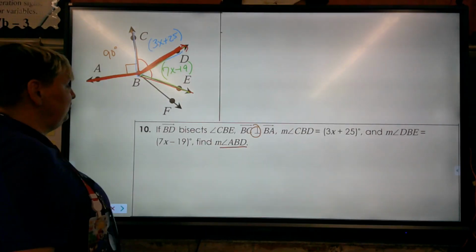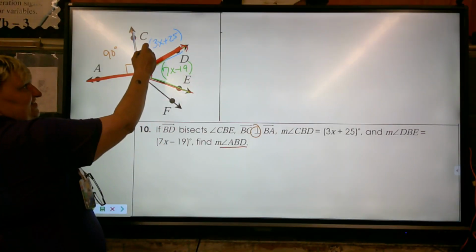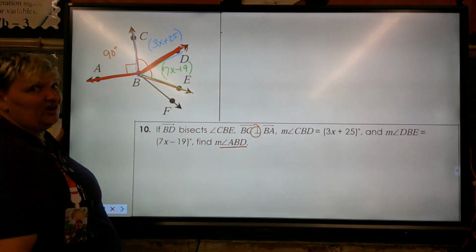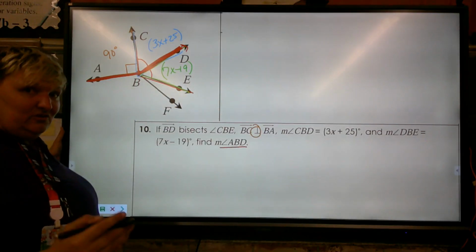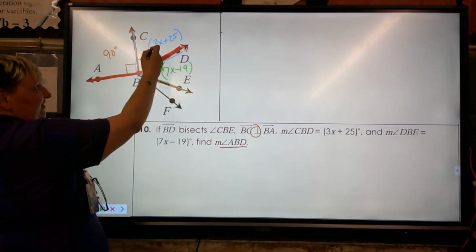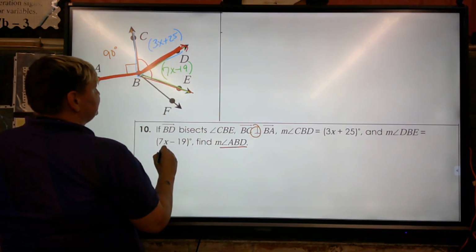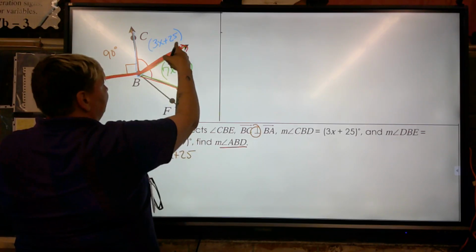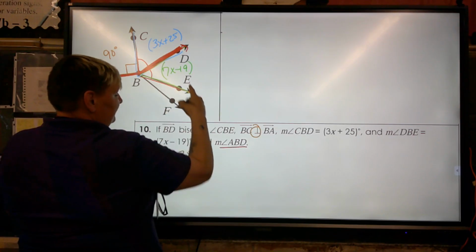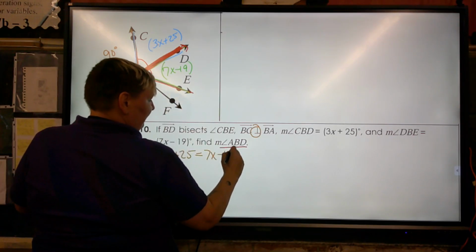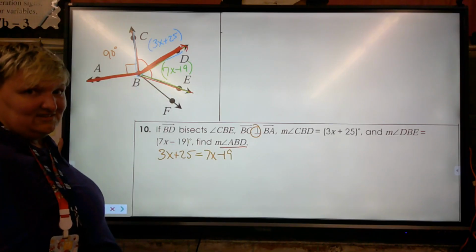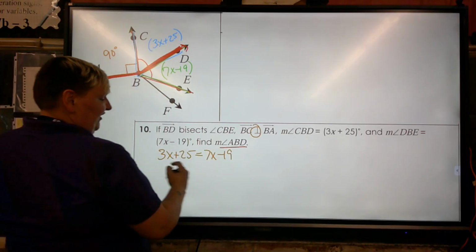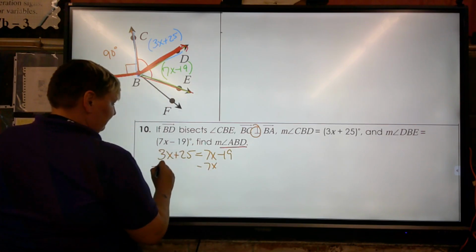But what we do know is that this angle and this angle are equal. Use the clues. We can set it up that way. 3x plus 25 is equal to 7x minus 19. And now we can isolate the x. All right? Get the variables on the same side.